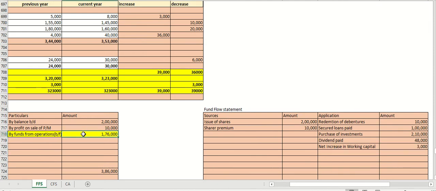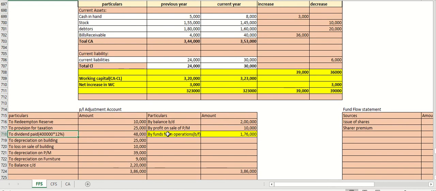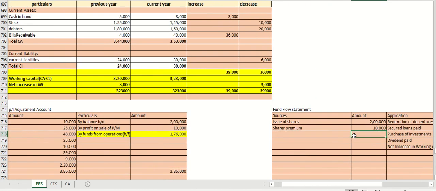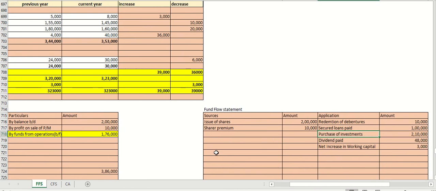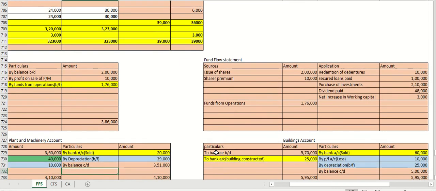Next we are moving on to the profit and loss adjustment account. We have funds from operation, which will be shown in your sources of funds. You are getting funds from operation, so it is sources. Funds have been raised, so the amount is 1,76,000.